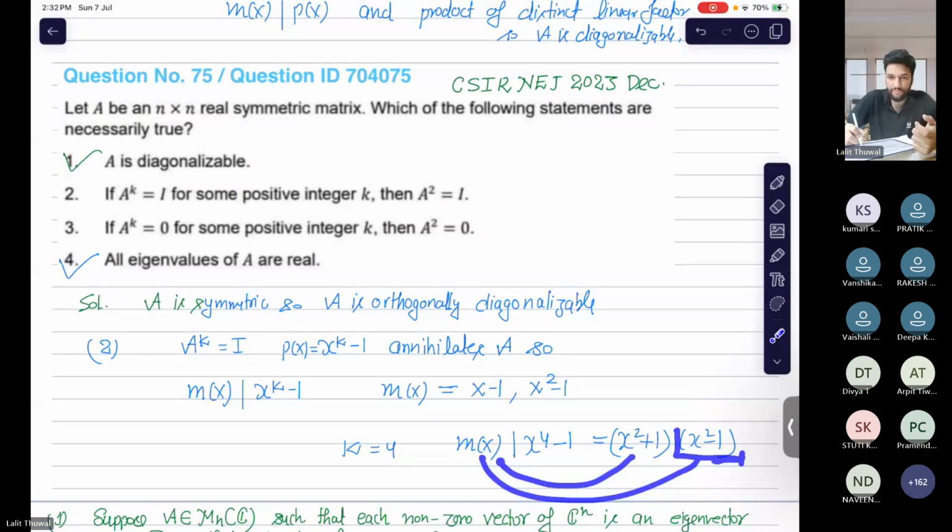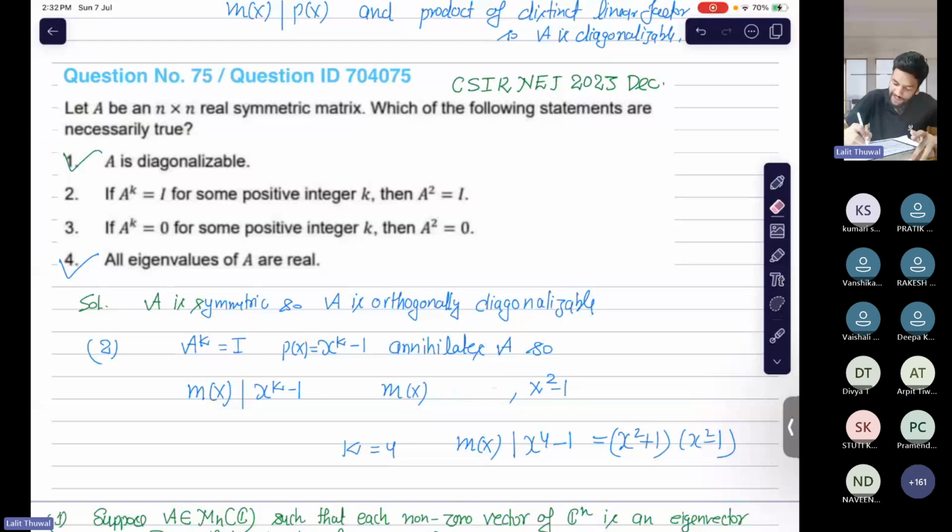It would be a factor of that part which has real roots, right? So in any case, we can say that mx divides x square minus 1, because mx is either x minus 1 or x square minus 1, but it will divide x square minus 1, right?